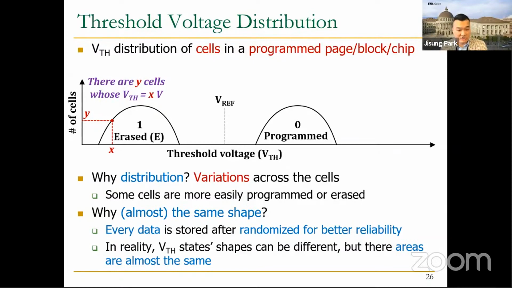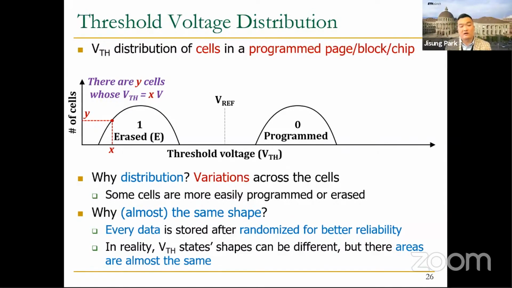To avoid such a situation, in practice, every data needs to be randomized in the vertical direction, and also in the horizontal direction. The randomization should almost evenly distribute programmed and erased cells within a page or a block, regardless of the original data to be programmed.